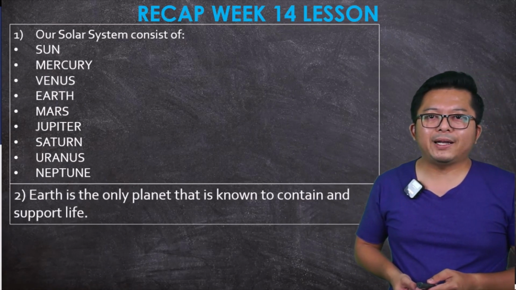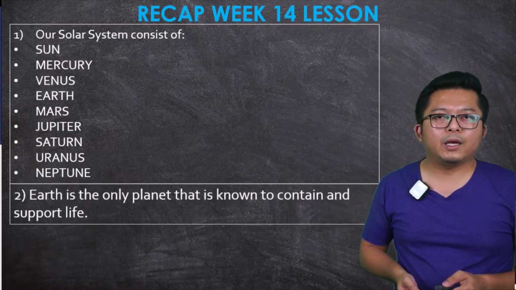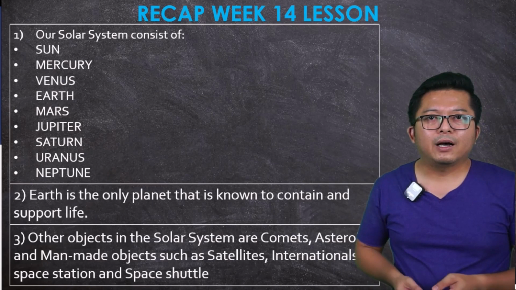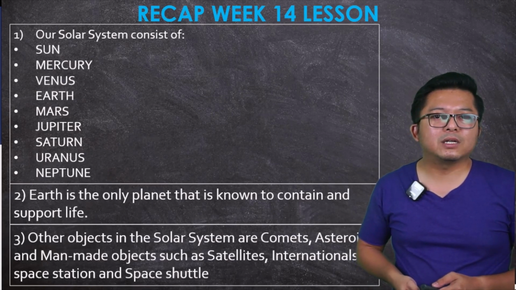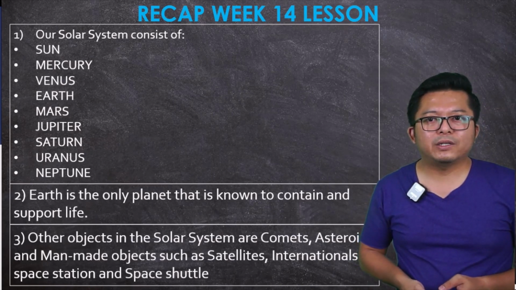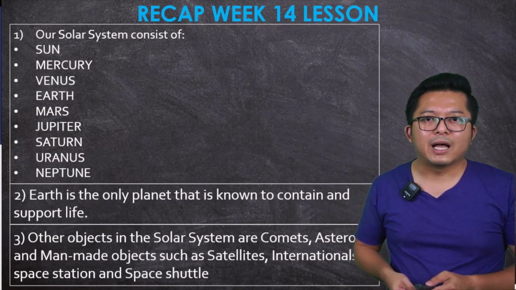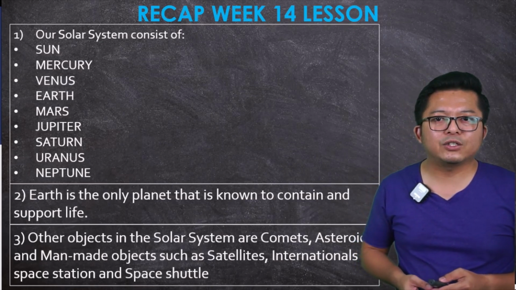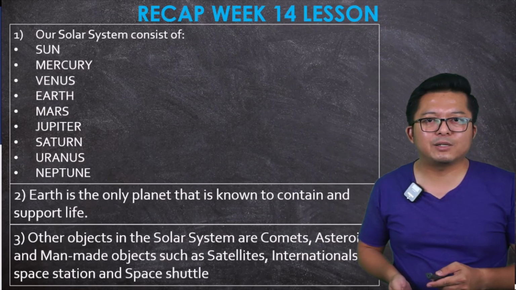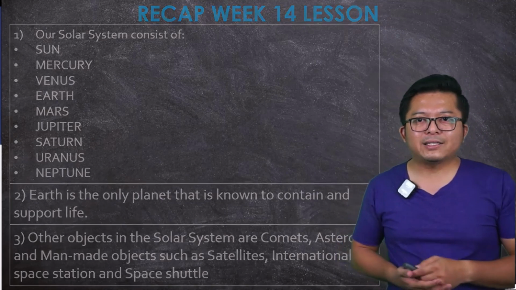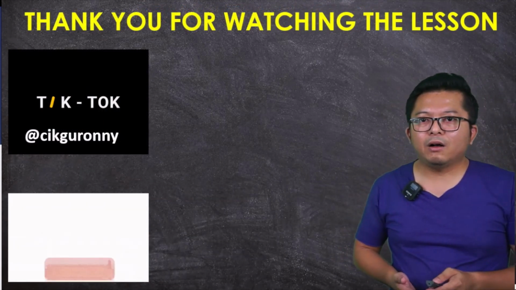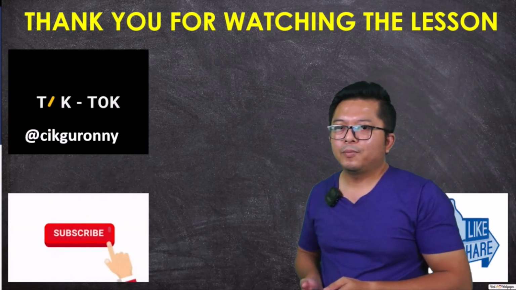Earth is the only planet that is known to contain and support life. Other objects in the solar system are comets, asteroids, and man-made objects such as satellites, the International Space Station, and the space shuttle.